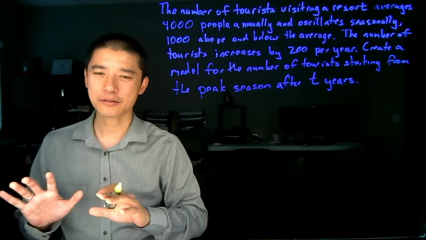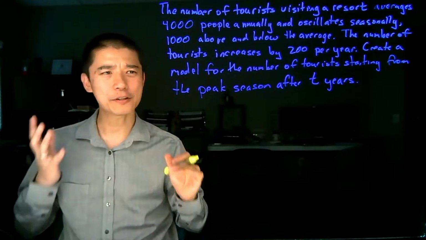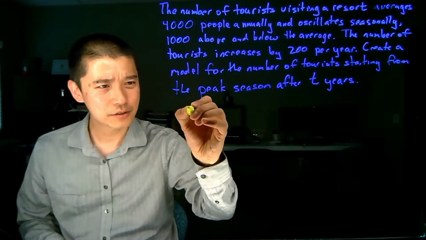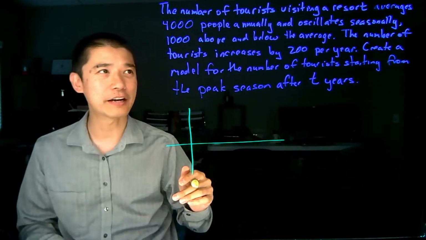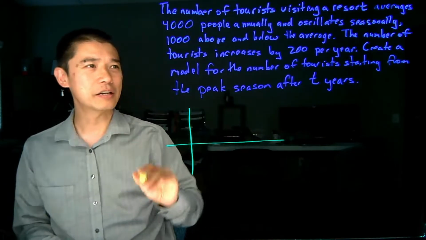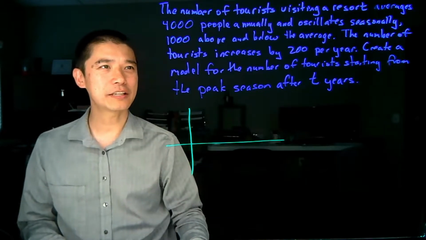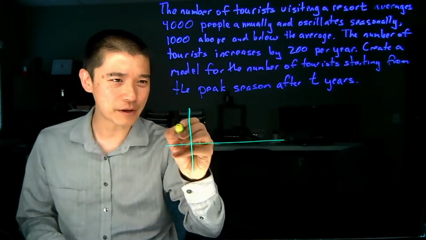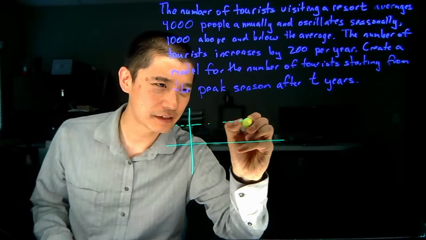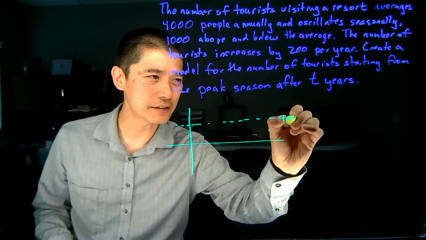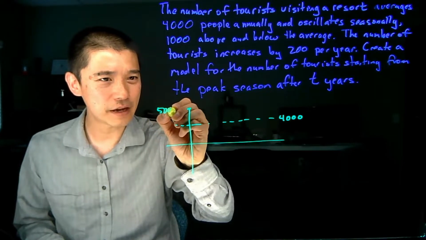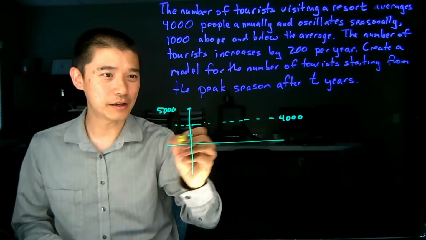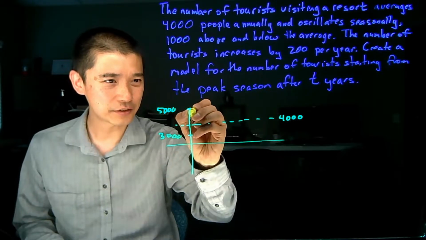So we're going to do this, not this problem first, but we're just going to think a little bit about what's happening. So here is a graph of the number of tourists in this resort. Now, if we ignore the part about increasing by 200 per year and just think about the behavior we have, here's our average at 4,000, and it's going to go from above 5,000 to below 3,000, and it's going to have this oscillating behavior.